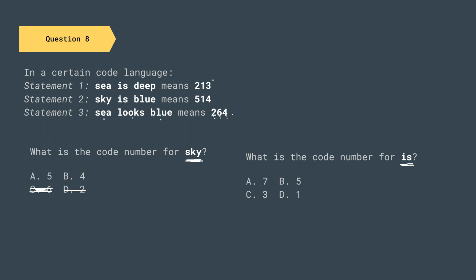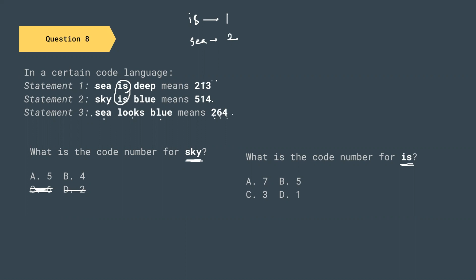If we look at statement number 1 and statement number 2, in both statements the word "is" is common and also 1 is common. So it is safe to assume that "is" is encoded to 1. Now, in statement number 1 and statement number 3, 2 is common, so it is safe to assume that "sea" is encoded to 2.